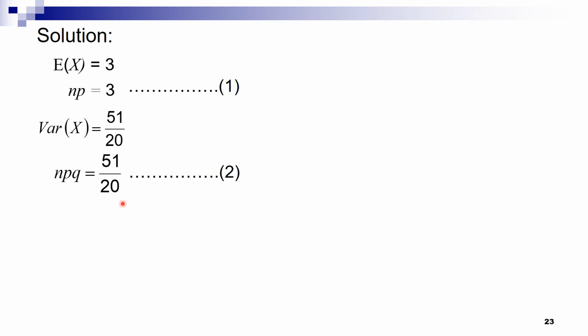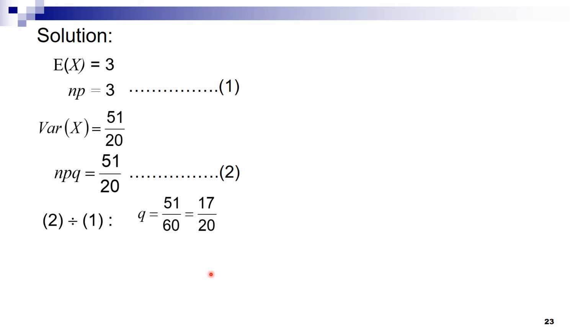So this will be your second equation. Now you can either substitute equation 1 into 2 to get your q, or you can divide equation 2 by equation 1 to get your q. Here I'm using equation 2 divided by equation 1. npq divided by np, I have the value of q, which is 17/20.